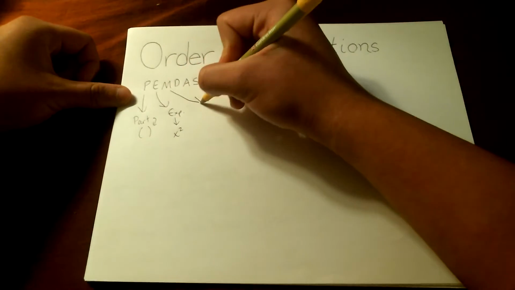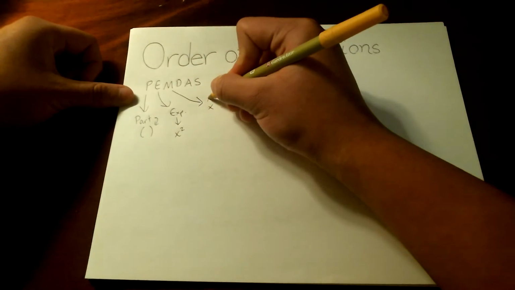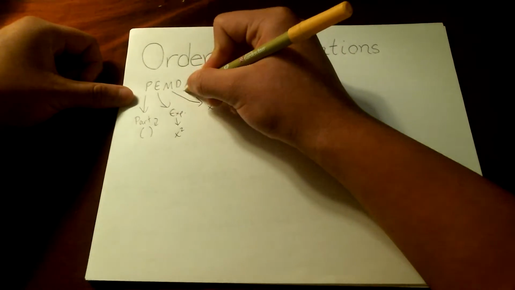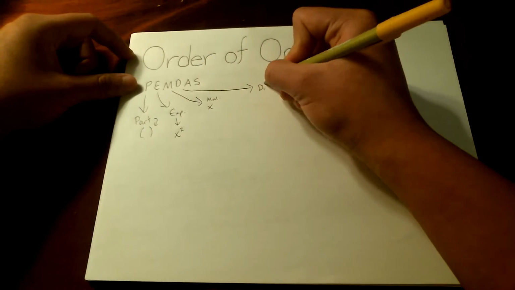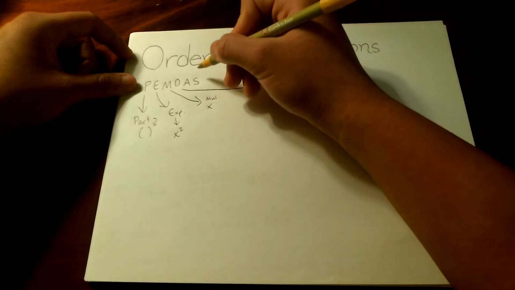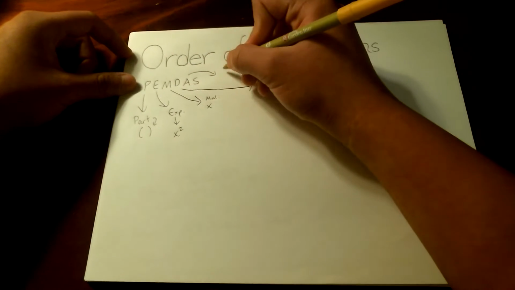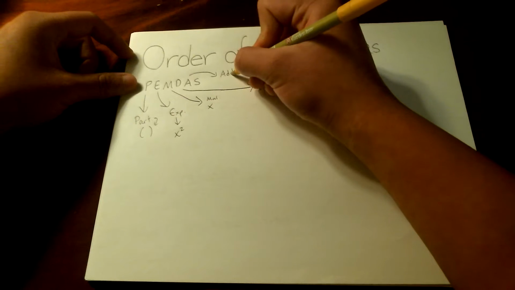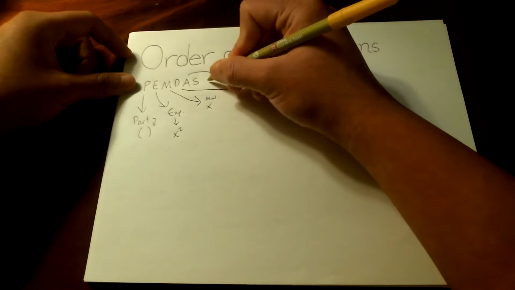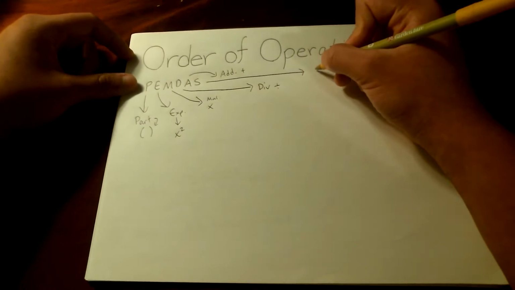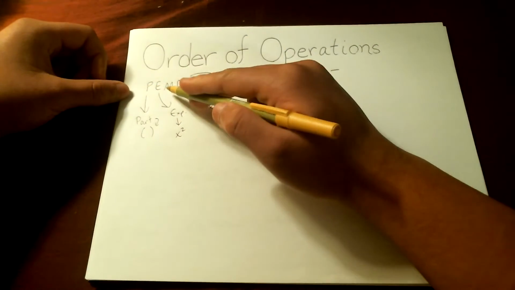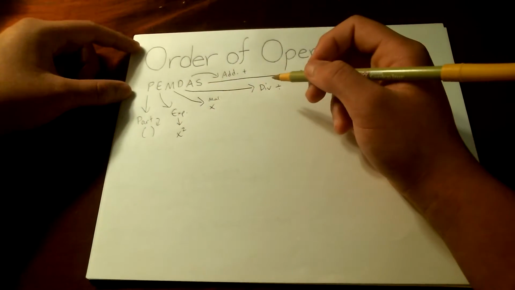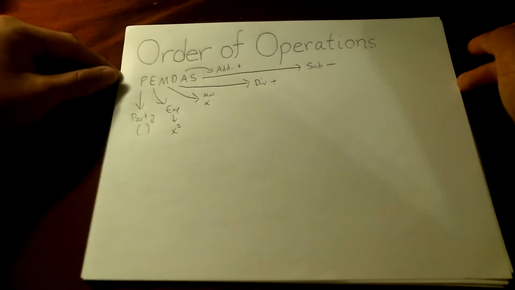The M represents multiplication, and the D represents the division. The A represents the addition, and the S represents the subtraction. So this is the order you will solve expressions by.